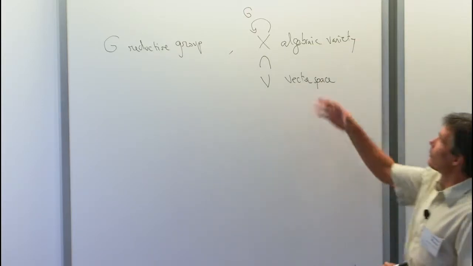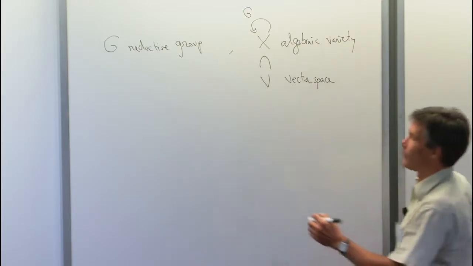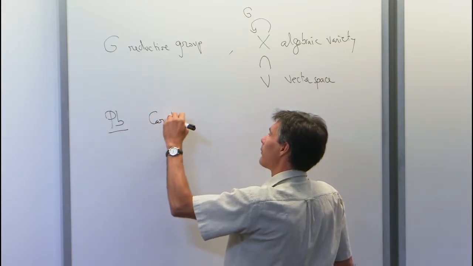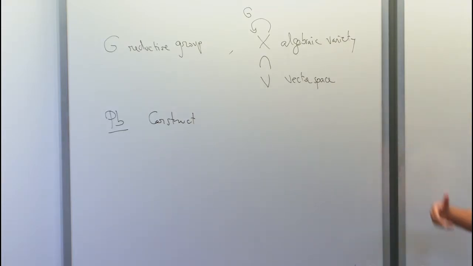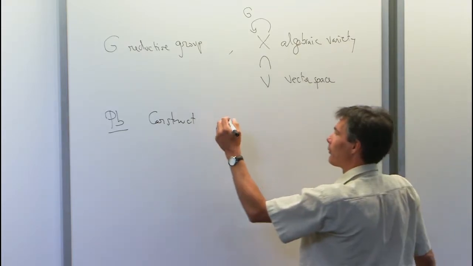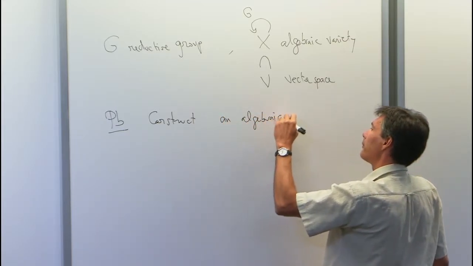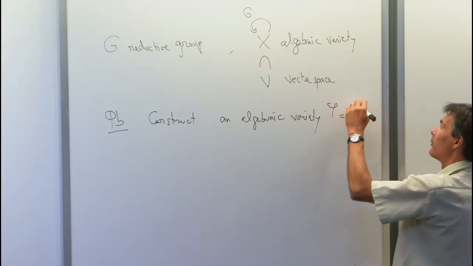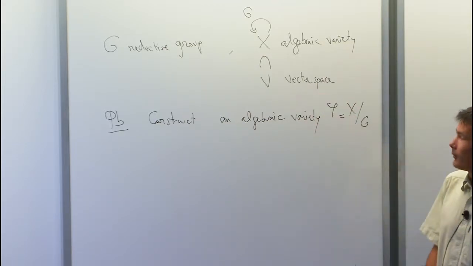And you want to construct the quotient of X by G. So the main problem: you're an algebraic geometer, so you want to construct an algebraic variety Y, that I would like to call X mod G, which parameterizes the G orbits in X.